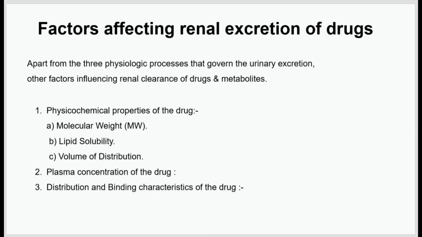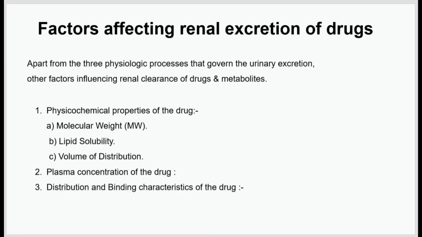Factors affecting renal excretion of drugs. Apart from the three physiologic processes that govern urinary excretion, other factors influence renal clearance of drugs and metabolites. These factors are as follows. 1. Physicochemical properties of the drug: A. Molecular weight.